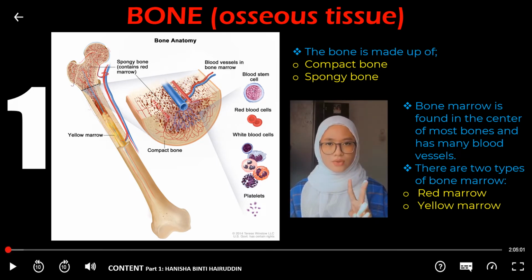There are two types of marrow. The first one is red marrow. The red marrow contains blood stem cells that can become red blood cells, white blood cells, or even platelets. The second one is yellow marrow. The yellow marrow is made mostly of fats.